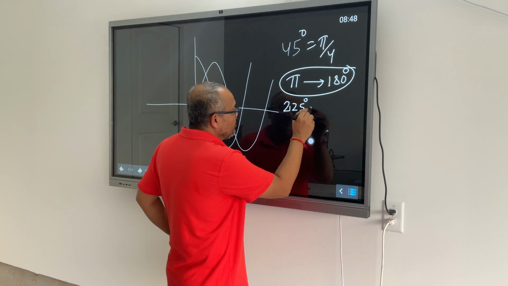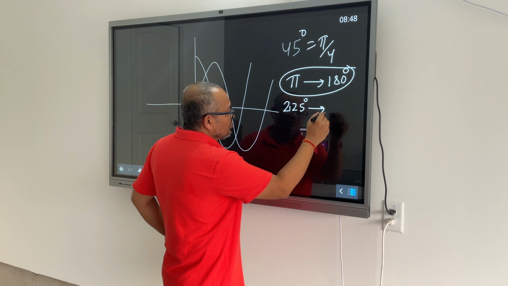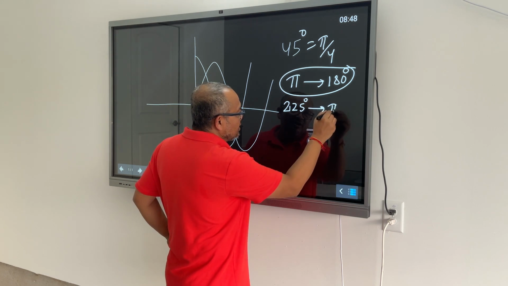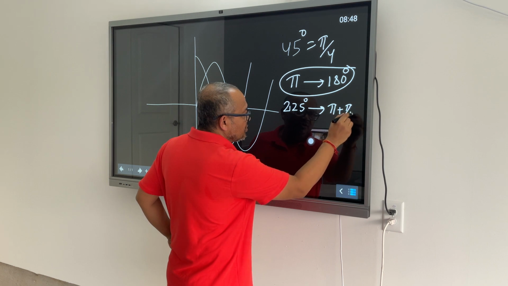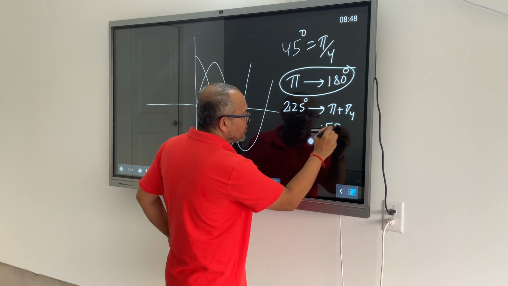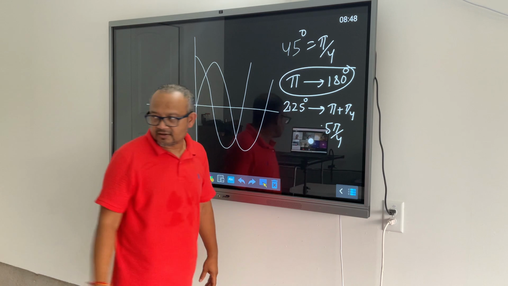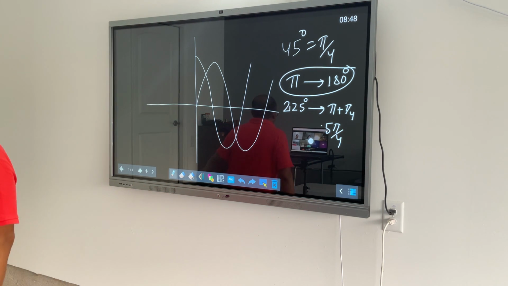And I said I will put that in radian. So pi is 180 degree and plus 45 degree is pi over 4, which is 5 pi over 4 radian. Okay. Let's see. Sanvita, what are you thinking? Tell me.